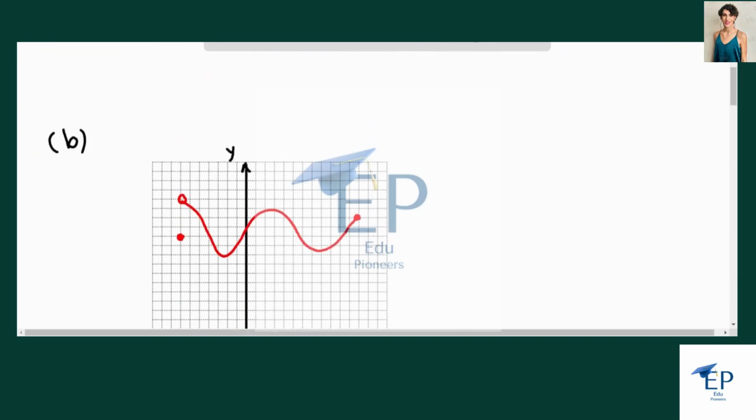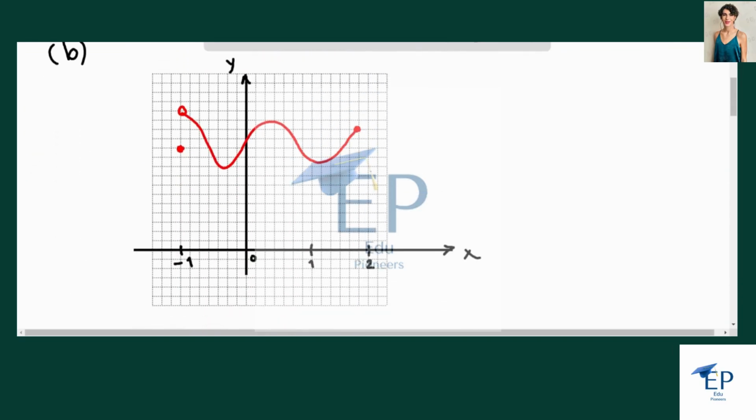So we have sketched this solution for part B, and you can see that to have a local maximum inside the interval, like this point here, but no absolute maximum, there's got to be a behavior like this.